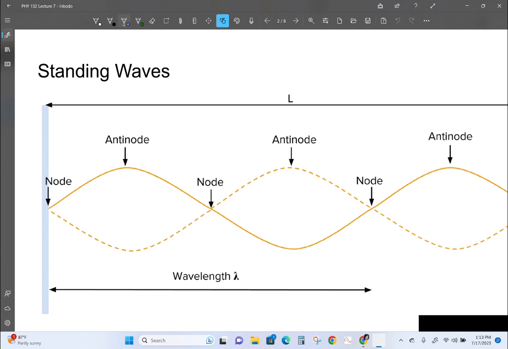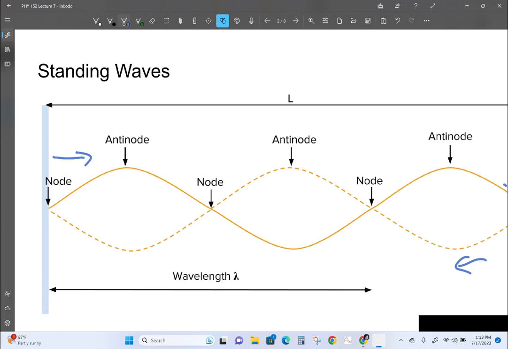And so, what's happening is you send a pulse down at a frequency so that it travels down, hits the other side, and then bounces back in such a way that the bounce back wave is 180 degrees out of phase with the wave that you sent down.